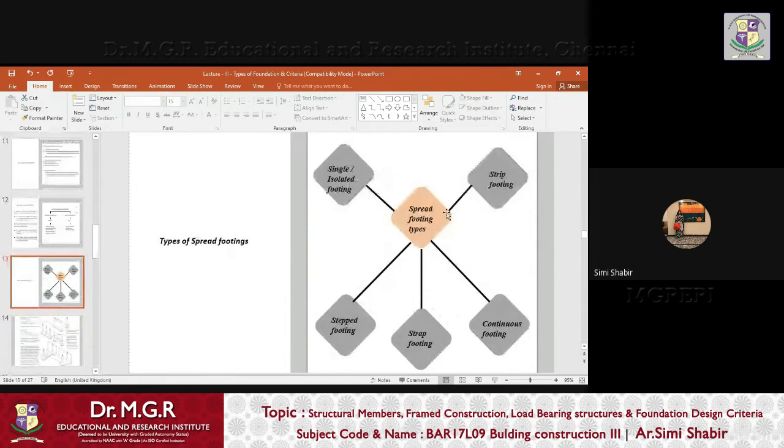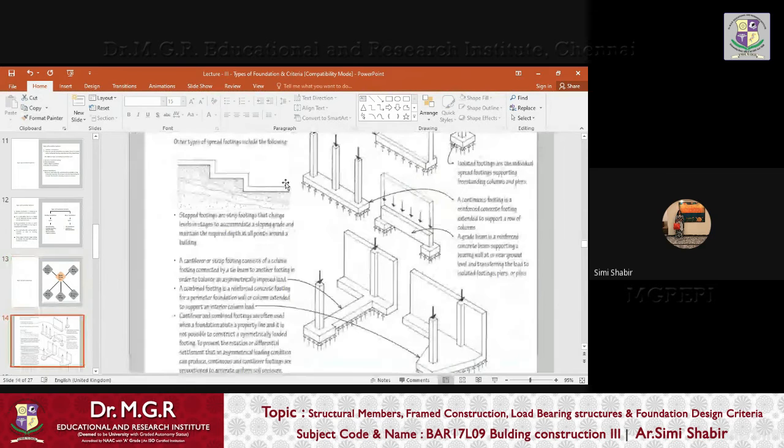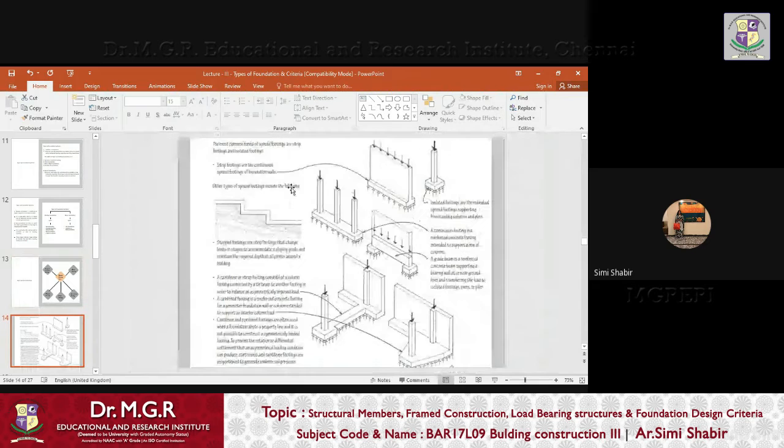Types of spread footings: single and isolated footing, strip footing, continuous, strap, and step footing. Let us have a look at the most common types of spread footings over here. You can see the spread footing. This is the isolated footing. Here you see the strip footing.